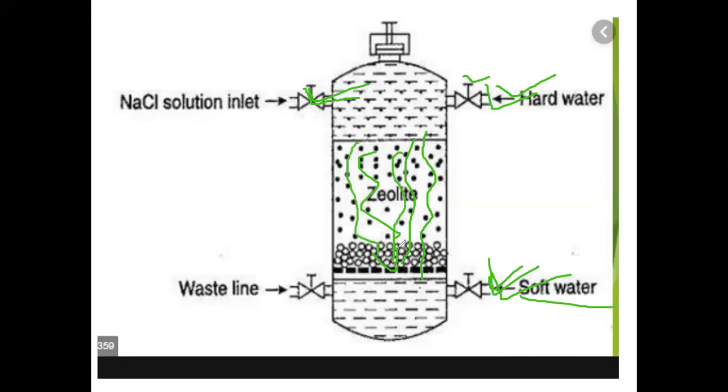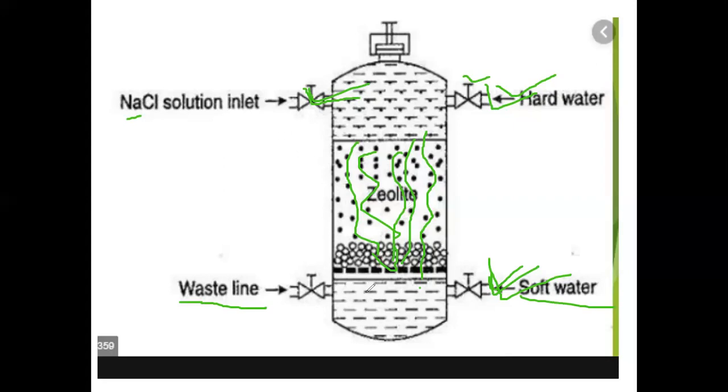When it is passing through this zeolite bed, each individual zeolite particle comes into contact with this brine solution, and they again release the calcium and magnesium, whatever was adsorbed by them, and absorb the sodium, that is Na, and that contaminated water will be removed through this waste line. So this process is known as the regeneration process, regeneration of zeolite.